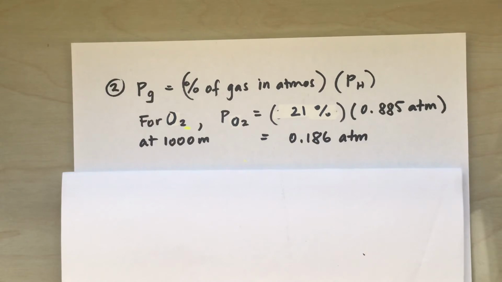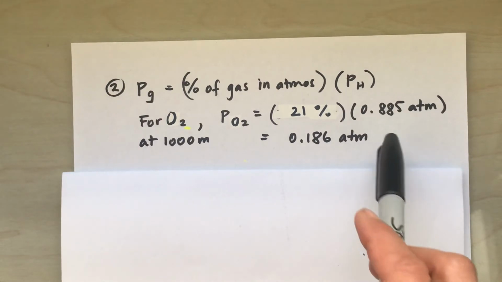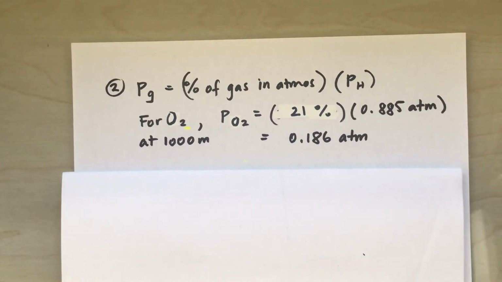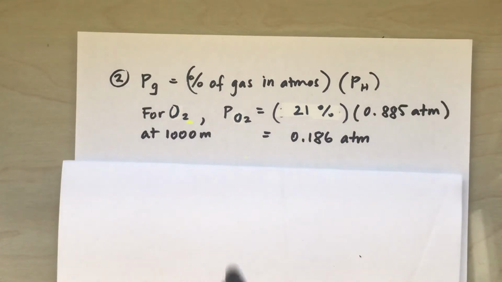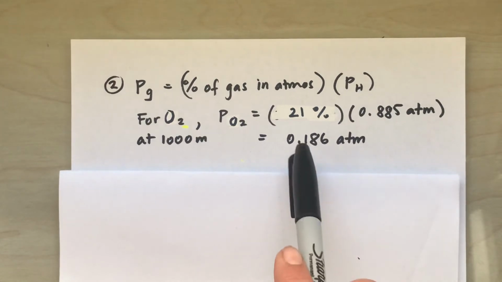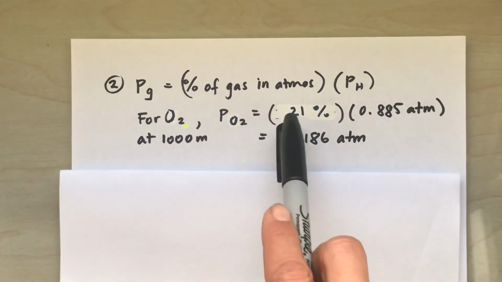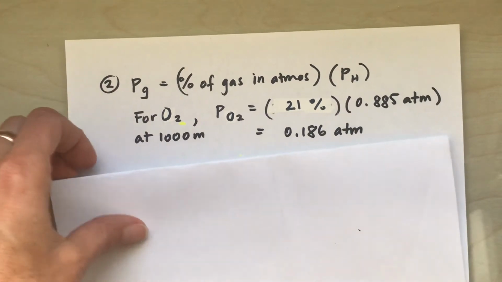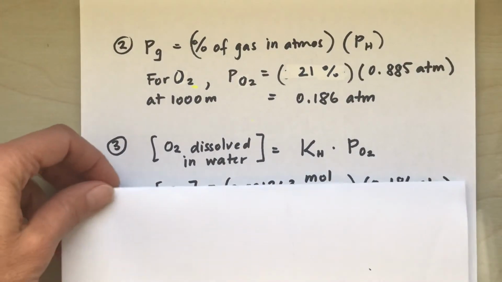For the pressure at 1,000 meters, we already solved it is 0.885 atmospheres. 21% of the air is oxygen, so it's 0.21 times 0.885, which gives us 0.186 atmospheres. That's at 1,000 meters.